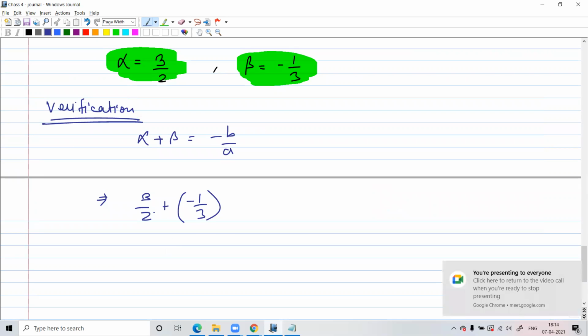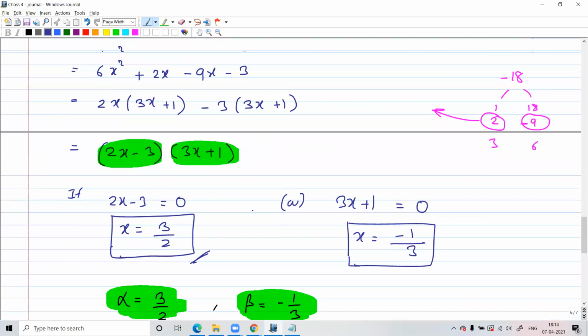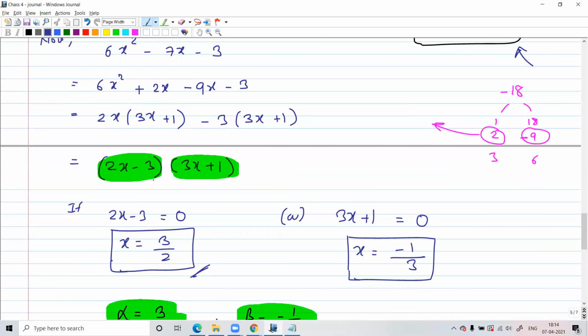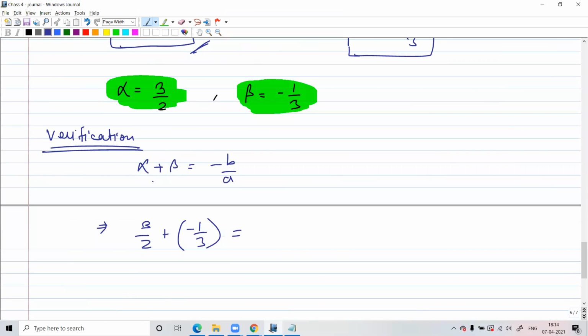Okay, so 3 by 2 plus minus 1 by 3 should be equal to minus of b by a. What is a and b? We had just found it earlier. b and a are minus 7 and 6. Minus 7 and 6. Remember, when b is negative, don't forget to put this minus sign.